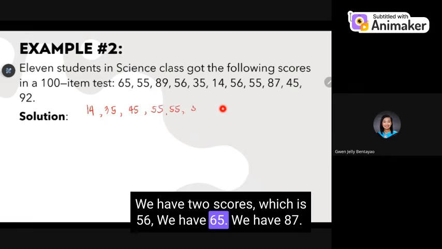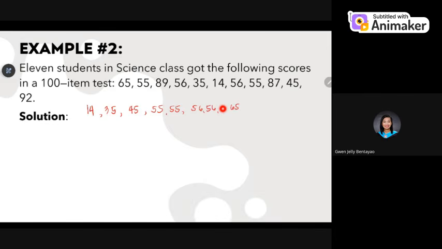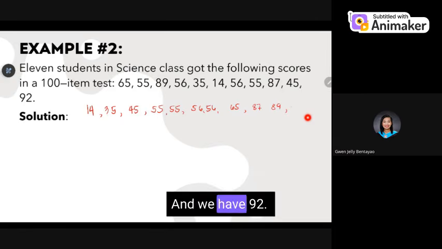We have 2 scores, which is 56. We have 65. We have 87. We have 89. And we have 92.